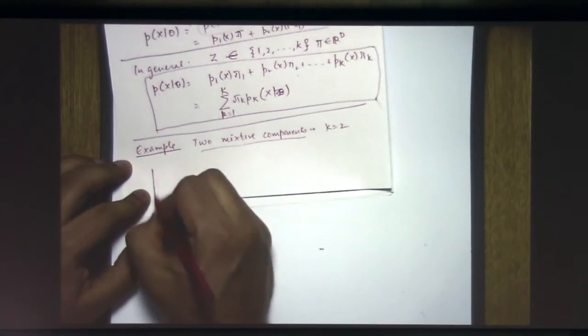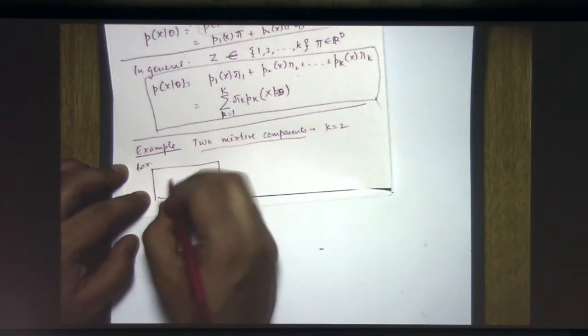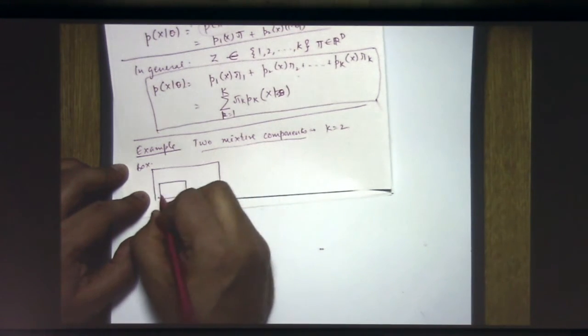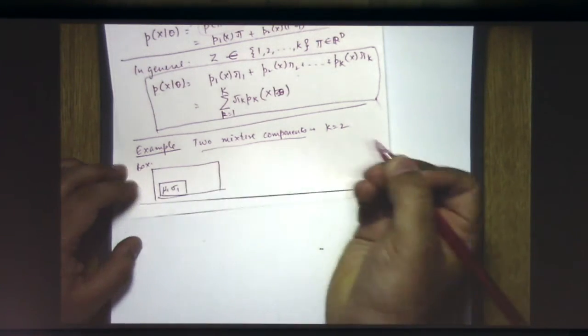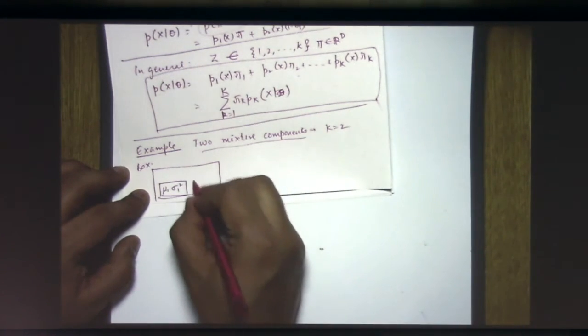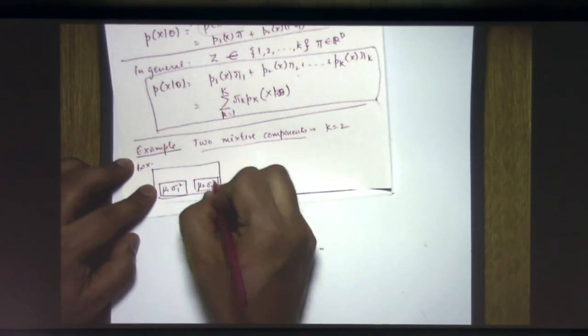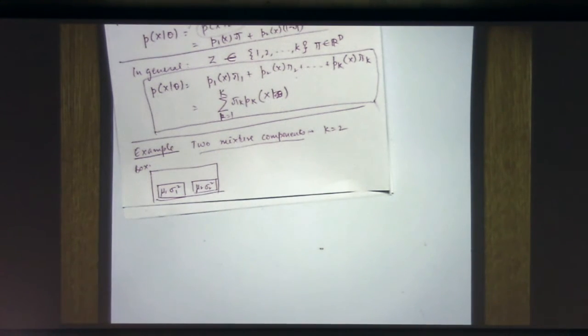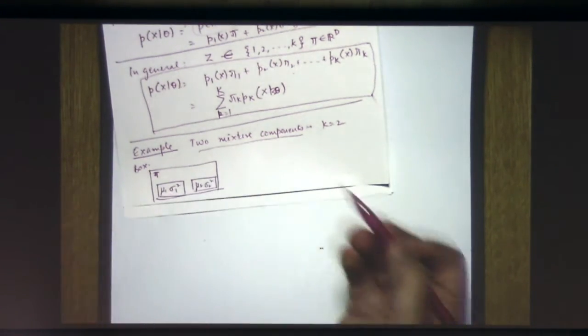This is our box, and inside this there are two Gaussian distributions, one which has a mean of mu1 and variance of sigma 1 square, and let's say these are one-dimensional Gaussians, and the other has a mean of mu2 and sigma 2 square. And then there is a number pi here, which helps us determine which one to choose.